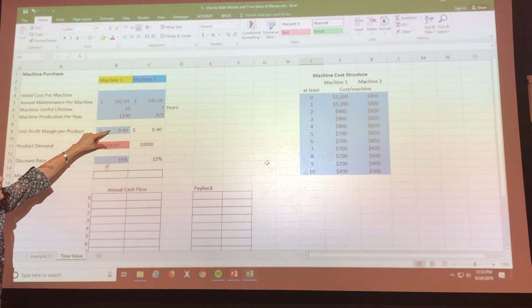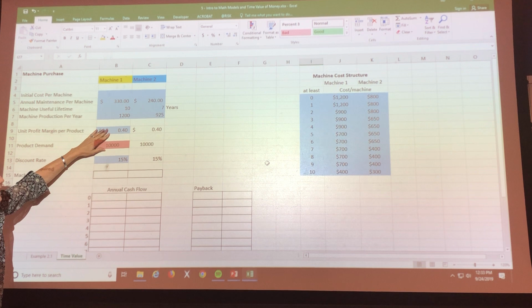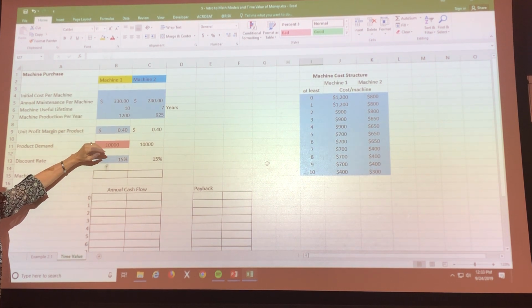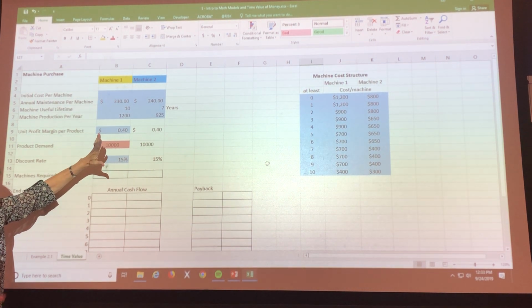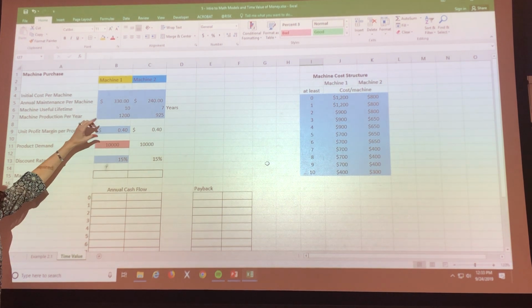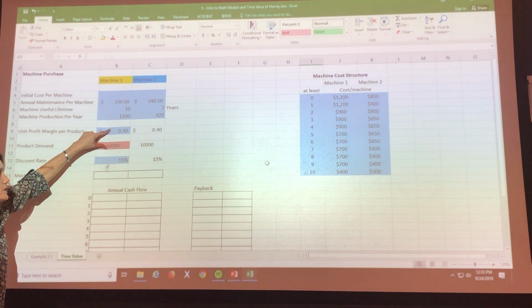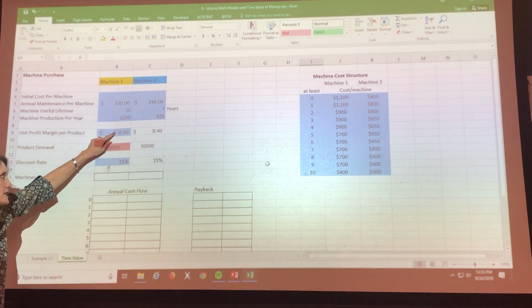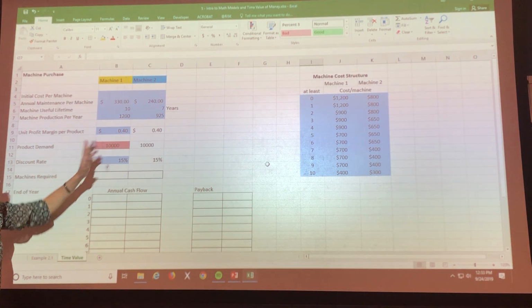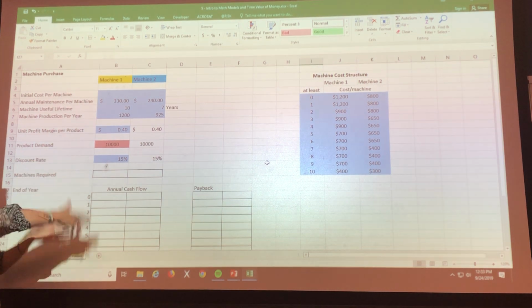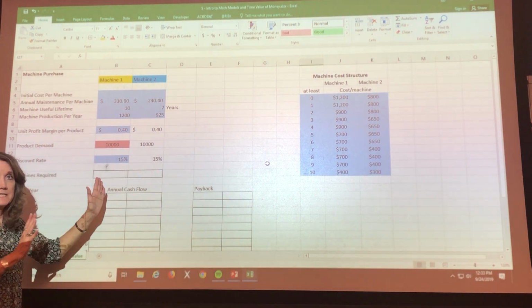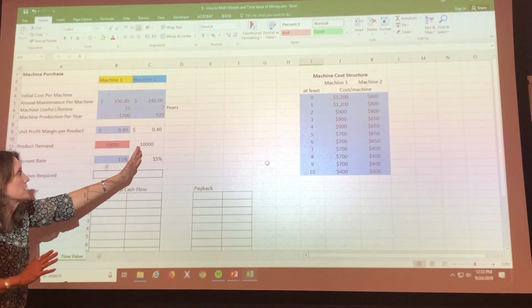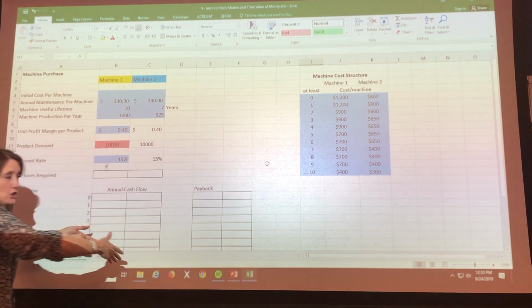So you'll see those here. You don't have to worry a great deal about the shading in this model. It'll get more important later. But these 2 spots right here have hard-coded values, 40 cents, 10,000. Because of our formulas and the way we're gonna be doing things, it is easier for us if everything is lined up in each column.